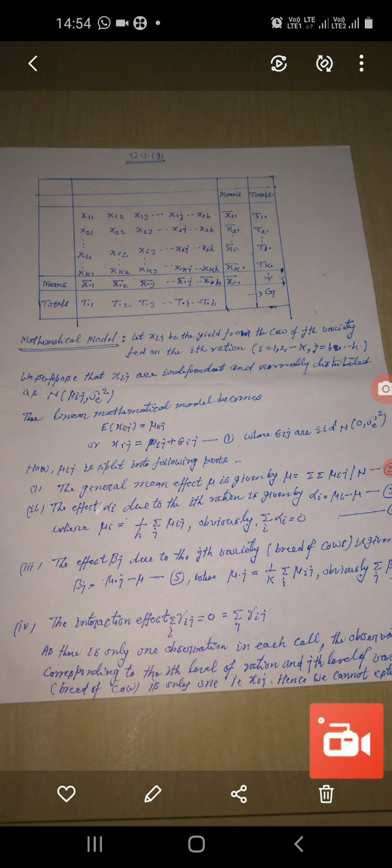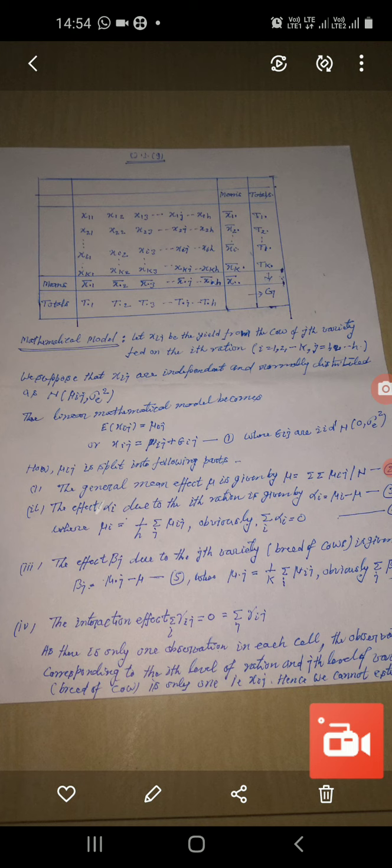Obviously summation j beta j is equal to 0, and let it be equation number 6. Now we consider the interaction effect. Since we are considering one observation per cell, there will be no interaction effect and its value will be 0.